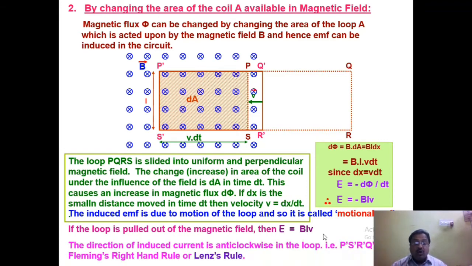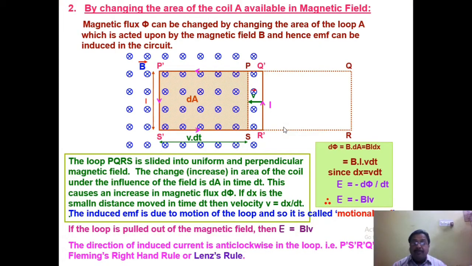Okay, so the direction of the induced current is anticlockwise in the loop, that is in the first case it is anticlockwise in the loop, that is P prime, S prime, R prime, Q prime, P prime.